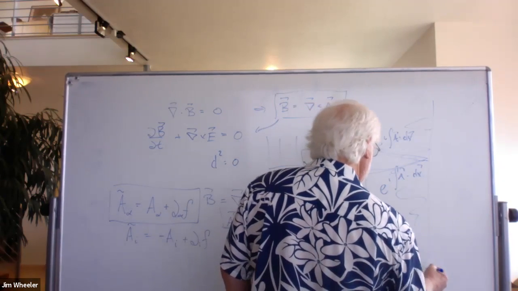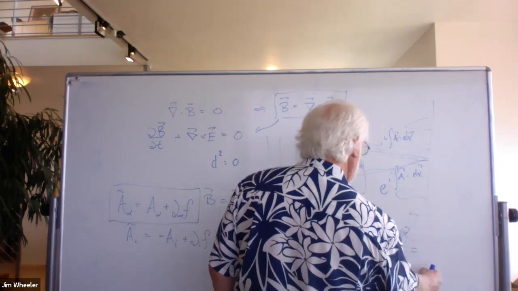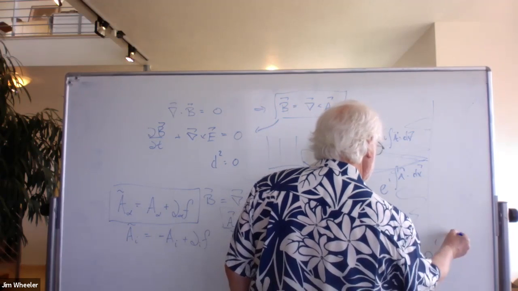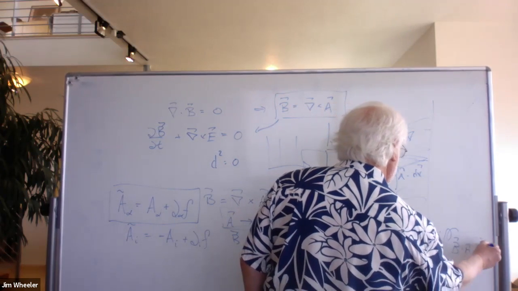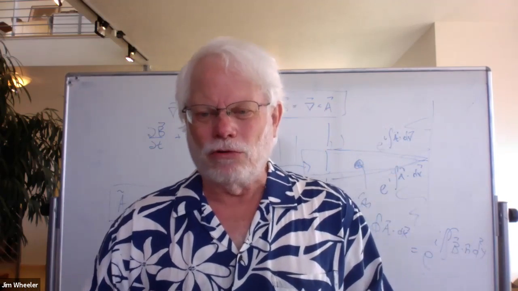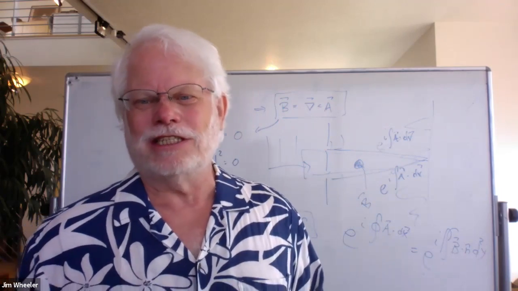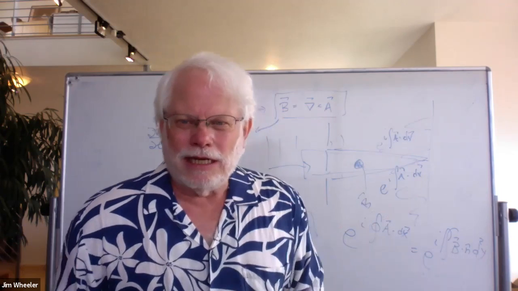Stokes' theorem, and this is equal to e/ħ times the surface integral of B dot n d²x. So the actual physical measurable effect only depends on the magnetic flux, not on anything about the vector potential.